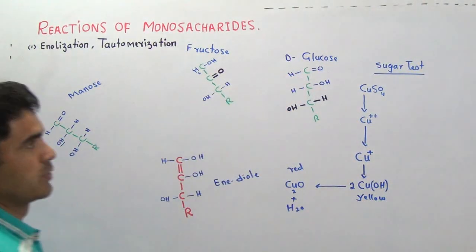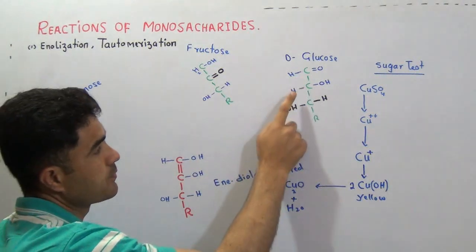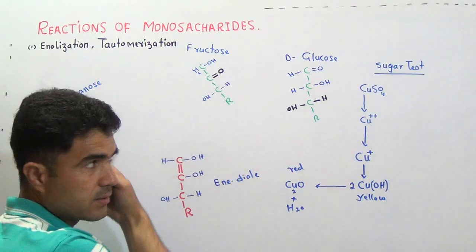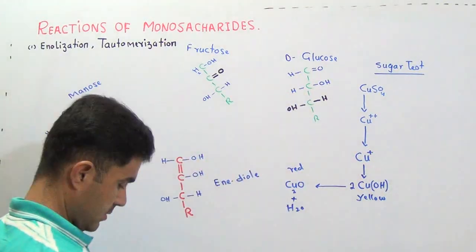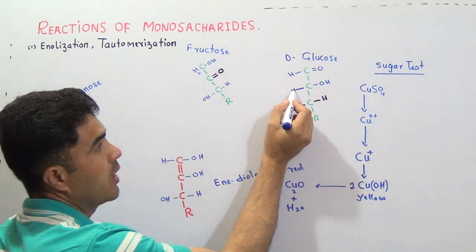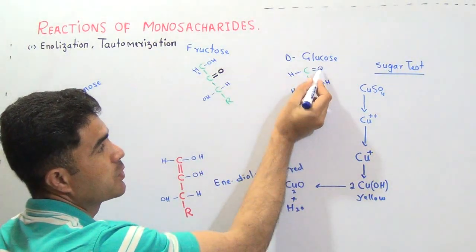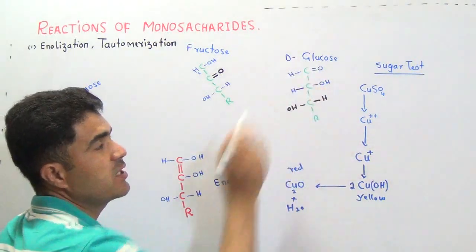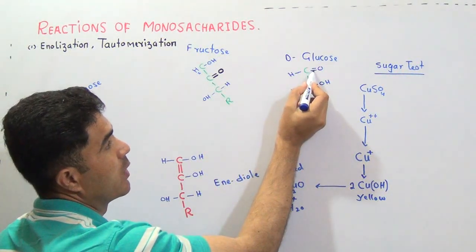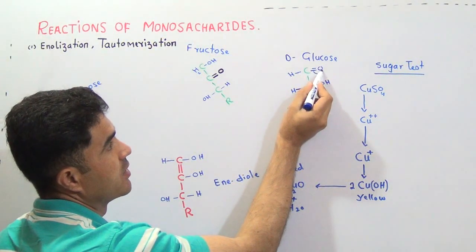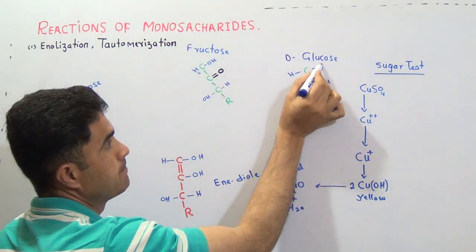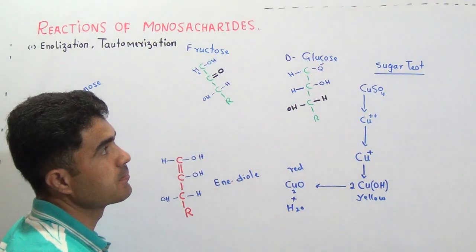First, come to the glucose. In glucose, this hydrogen, which is attached here at carbon number 2, will come to the oxygen, because this oxygen is highly electronegative, so the double bond will shift towards the oxygen, and as a result of this, oxygen will get a negative charge.